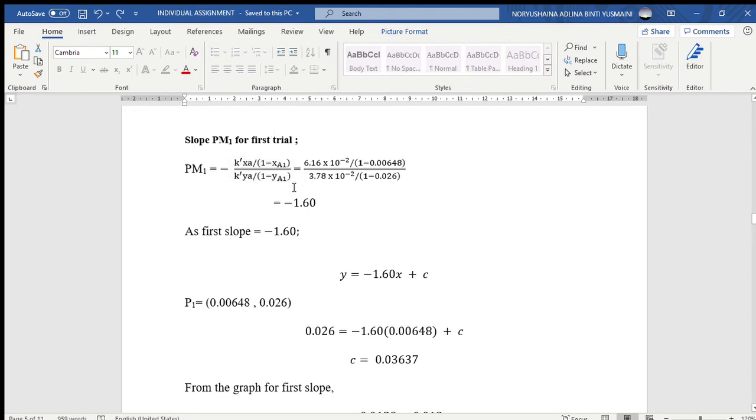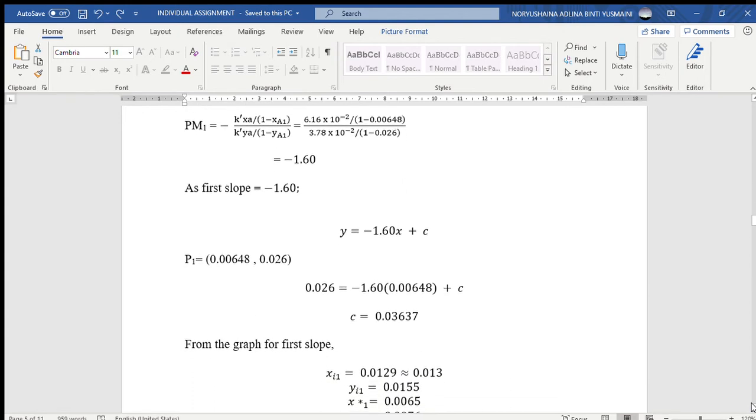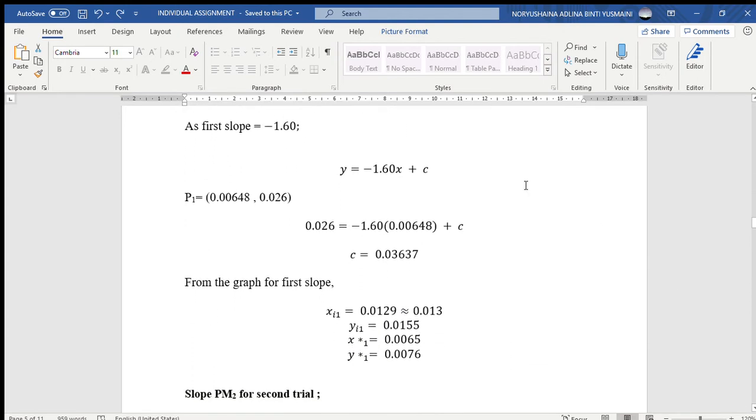As we have all the information needed, I substituted into this equation, and finally I get the slope of negative 1.60. As the first slope is negative 1.60, we need to find the coordinate which is going to be used to join the operating line and equilibrium line.